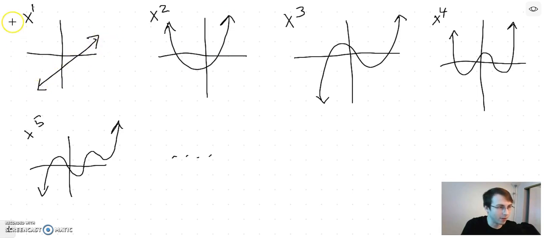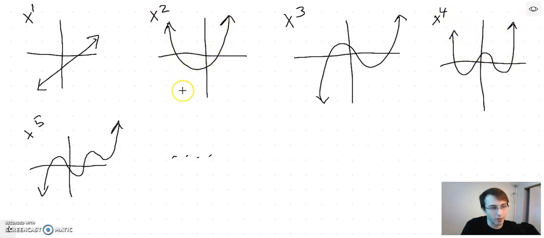For x to the first, one side goes up, the other side goes down. For x to the third, one side goes up, the other side goes down. For x to the fifth, one side goes up, the other side goes down. Whereas for x squared and x to the fourth, things with even power, both go up.